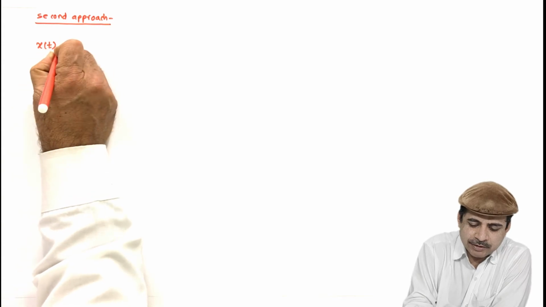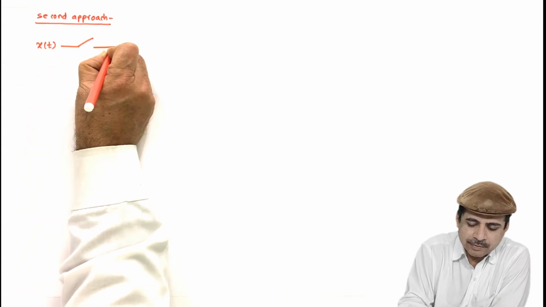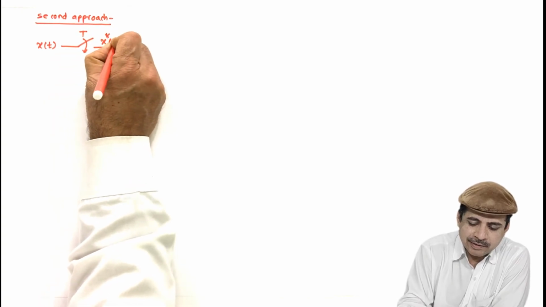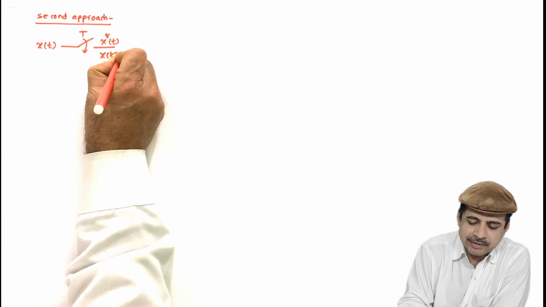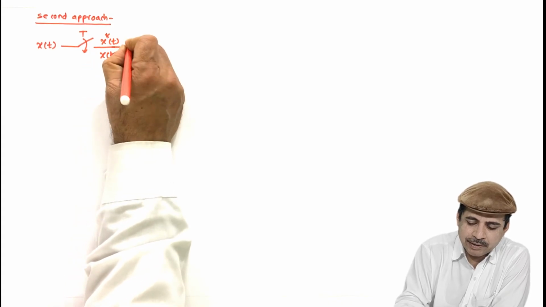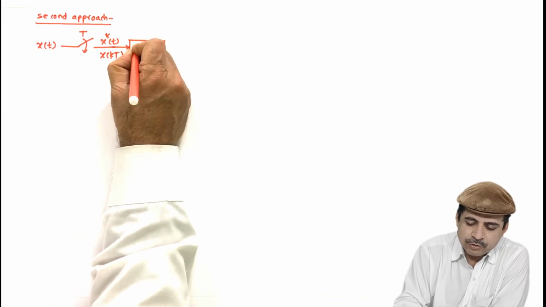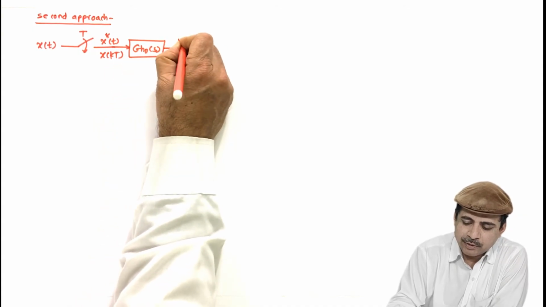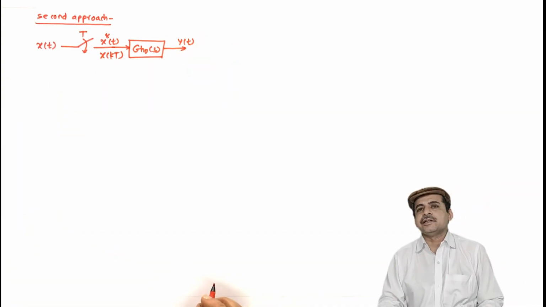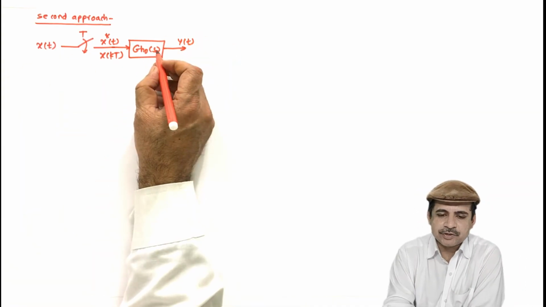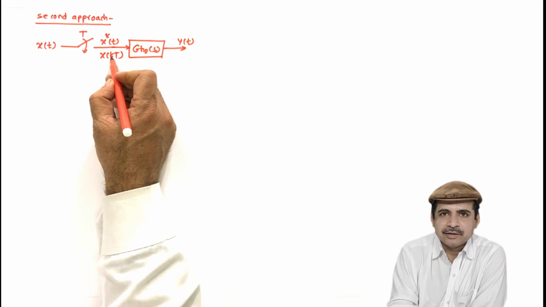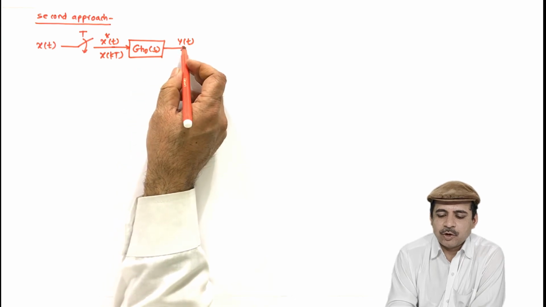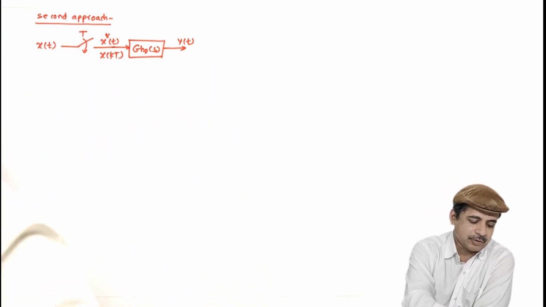Let x(t) be the original signal which is sampled with sampling instant T to get x*(t), which is also equivalently represented as x(kT), and this is applied to zero order hold device having transfer function Gh0(s) to get y(t), that is the output signal. Now in this operation, this is a discrete time signal and this one is the continuous time signal. So if you want to get the y(t) for this input, we have to apply convolution sum.